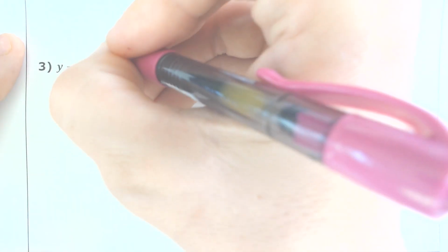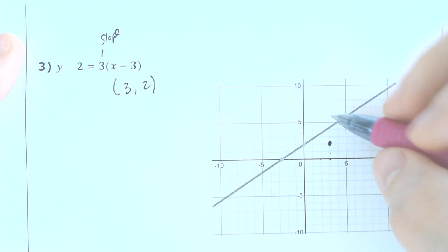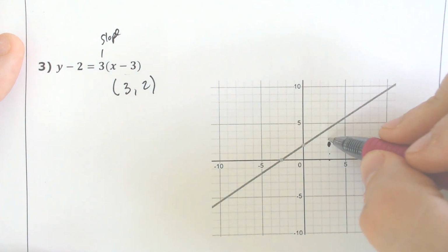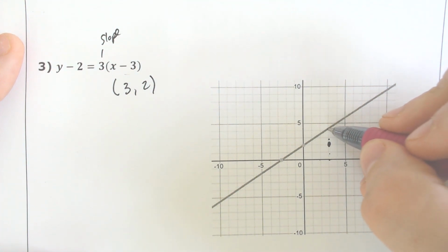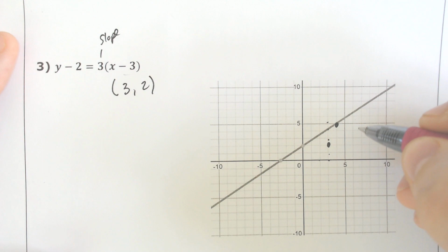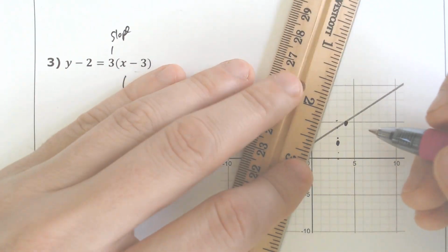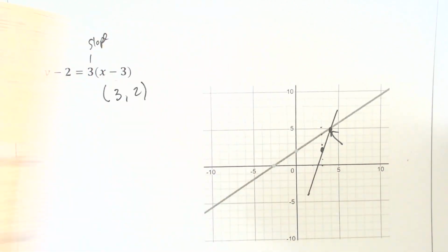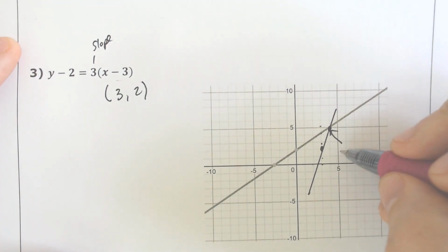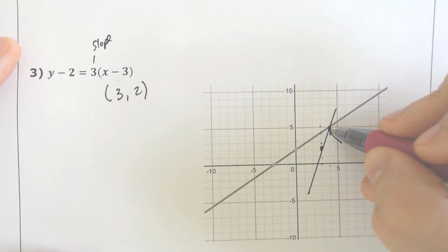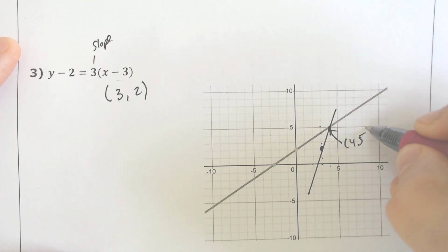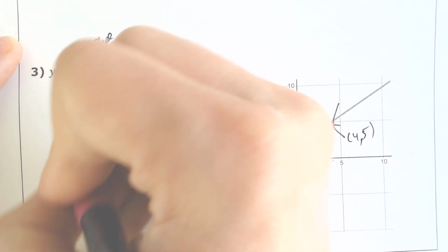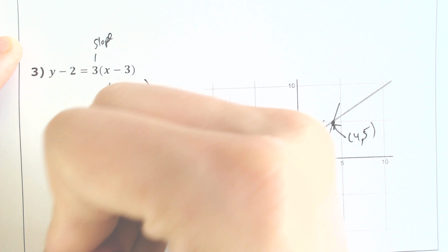And my slope is 3. So I need to go up by 1, 2, 3, and over by 1. If, and only if, it crosses through perfectly, will I be able to use this solution. And it looks like it does, which means that my solution is 4 comma 5. So (4, 5) would be my solution in this case.